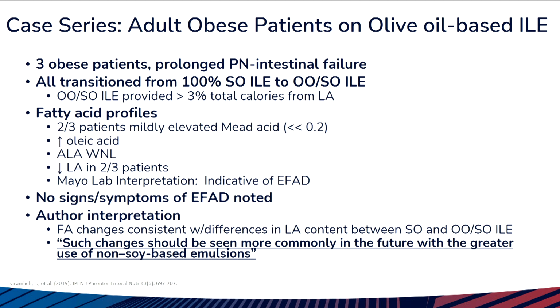And the authors state that these changes are going to be seen more commonly in the future, because this study was done in 2019, with the greater use of non-soy-based emulsions. So as we start to use more of these alternative lipid emulsions, we're going to start to see these kind of lipid panels. So it's important to understand what they look like and how to actually interpret them.